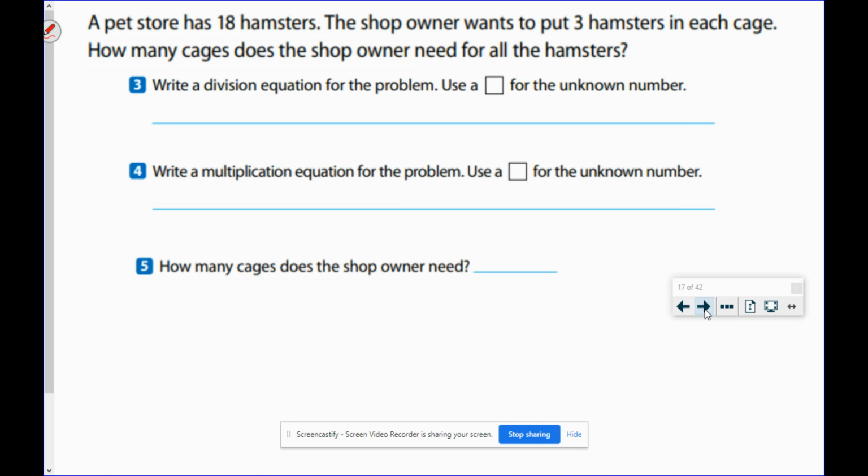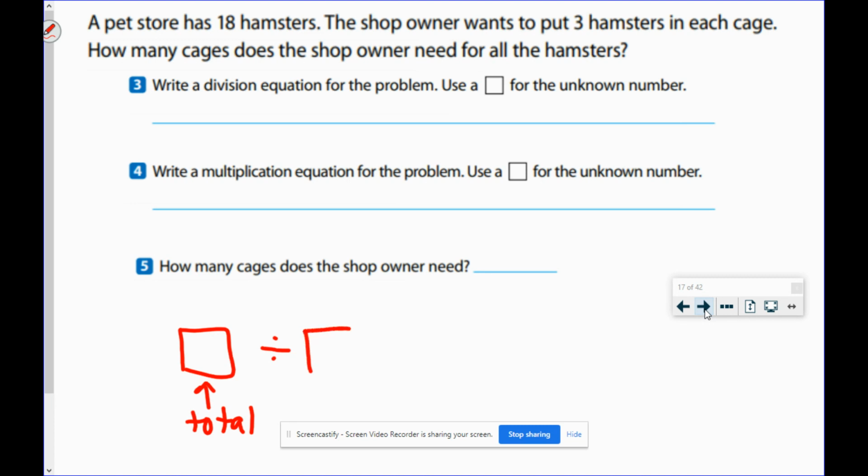So now we're going to take each one of these and write this word problem as a division equation, a multiplication equation, and then show how we could write the answer. For a division equation, I reminded students about the parts of a division sentence, the chart that we did, which should be in your math folder in the multiplication sheet protector.